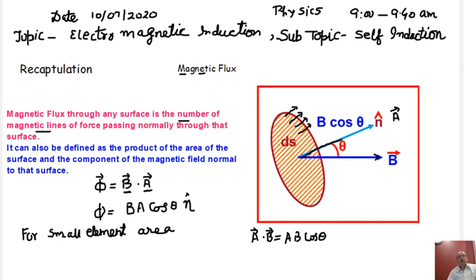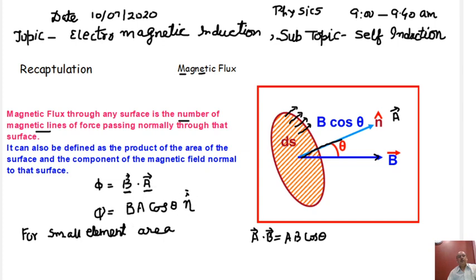Now remember here the product is a dot product, so the flux will be a scalar quantity. So we should write flux phi is equal to B dot A or BA cos theta.